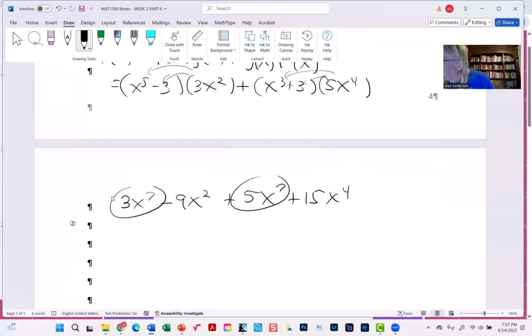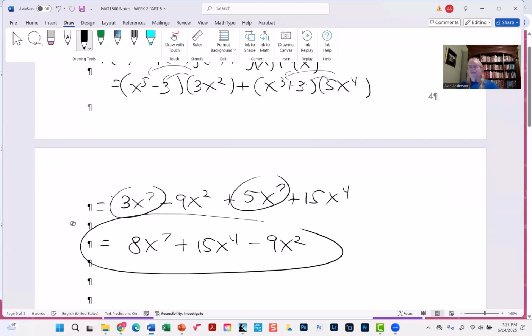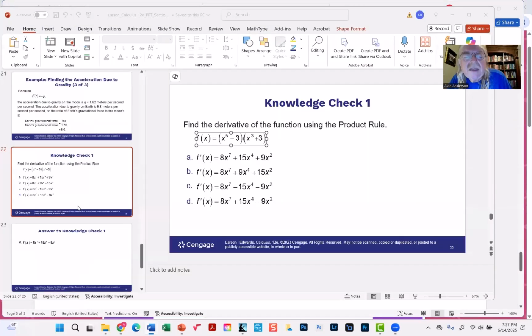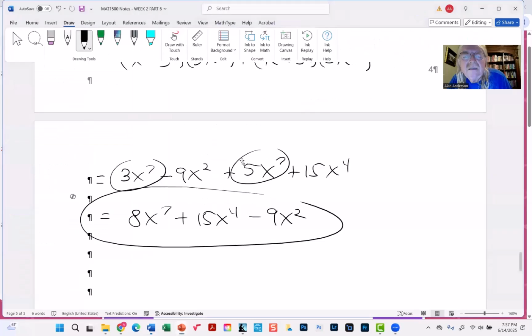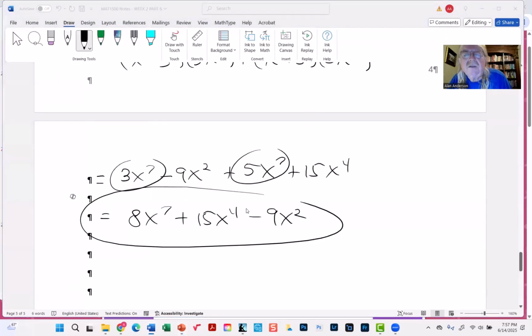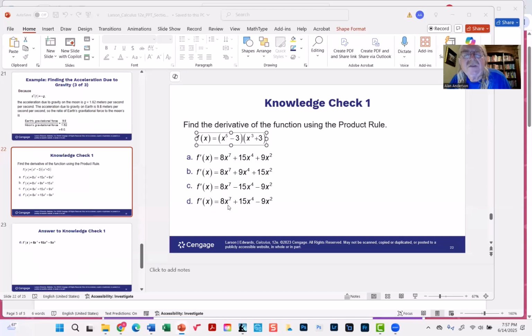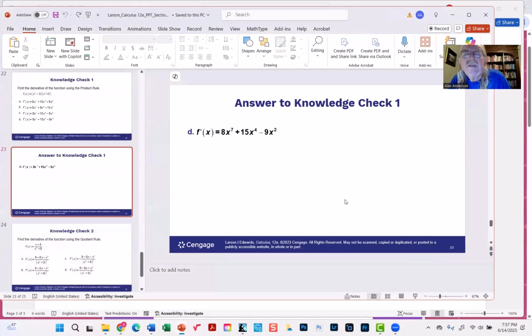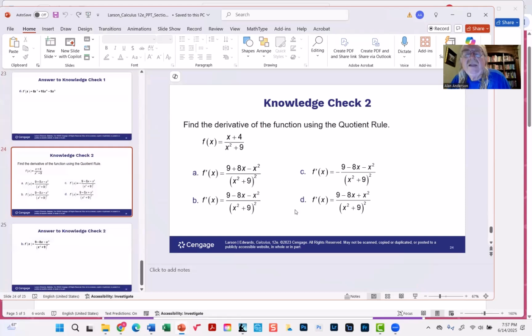So I'll consolidate those right now. And there we go. So that would be the last one: 8x to the 7th plus 15x to the 4th minus 9x squared. Beautiful. All right.